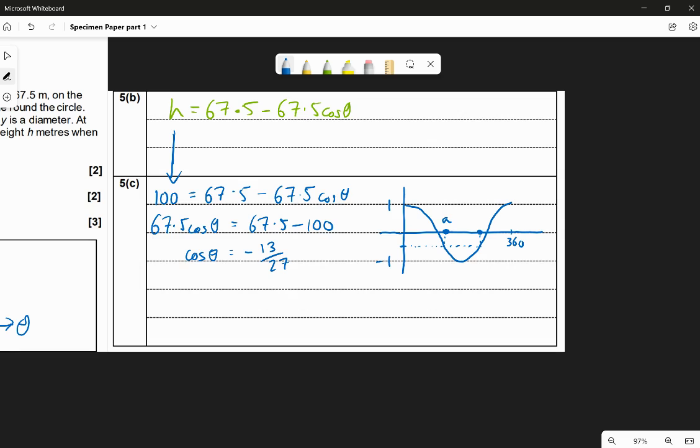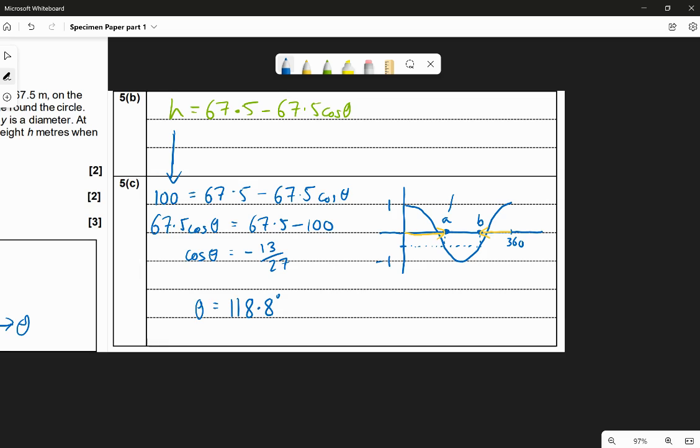Once I've found A, to find B, all I need to do is know that the distance between 0 and A is the same distance between 360 and B. So all I need to do is take away A from 360 and I've got B. To find A, I just need to use my calculator. I need to do the inverse of cos of negative 13/27, which is 118.8 degrees.